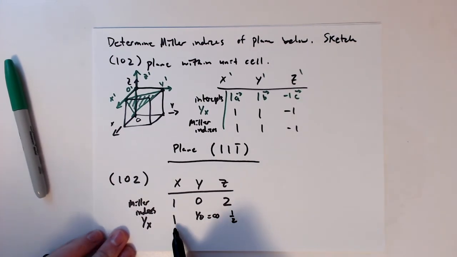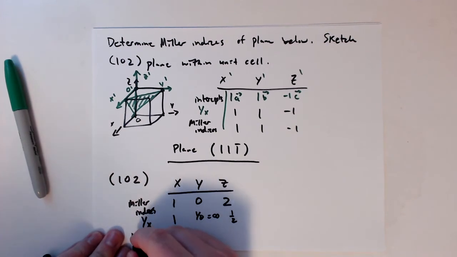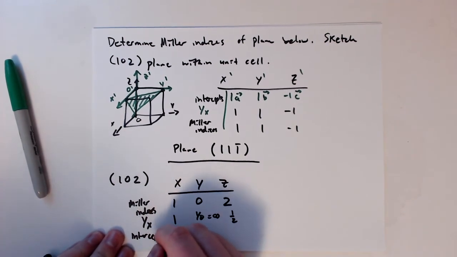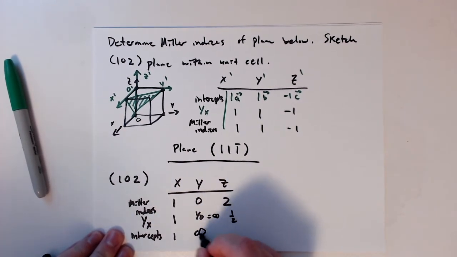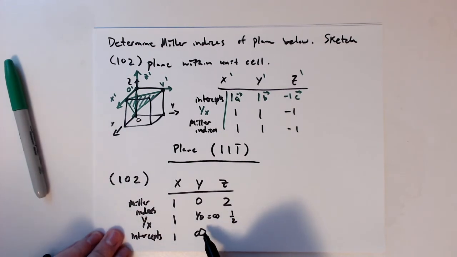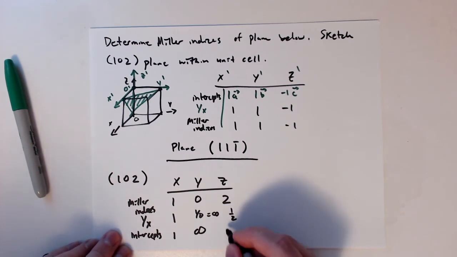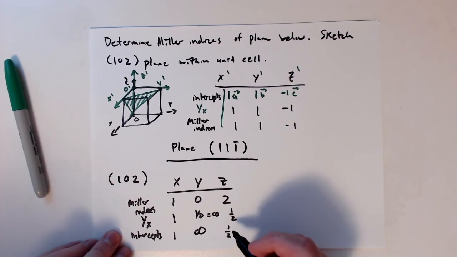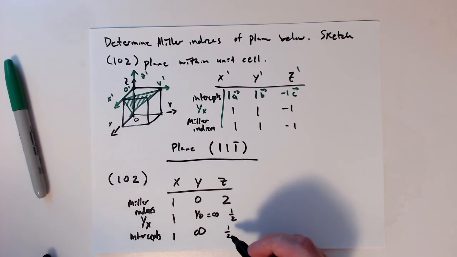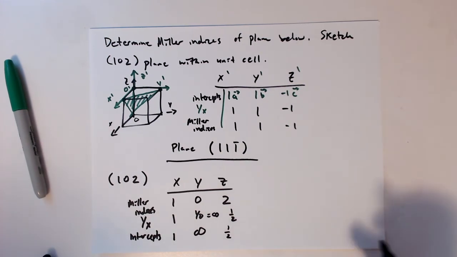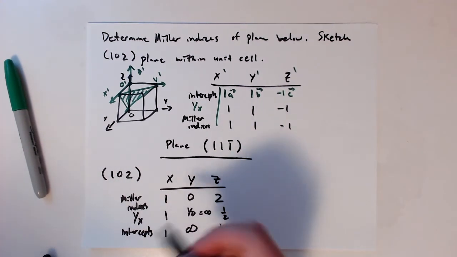So my intercepts down here are going to be 1, infinity, and 1/2. What this really tells us is that it doesn't intercept the y-axis, and lastly, it's going to intercept the z-axis at 1/2. All right, so I do this first and then I can sketch it.